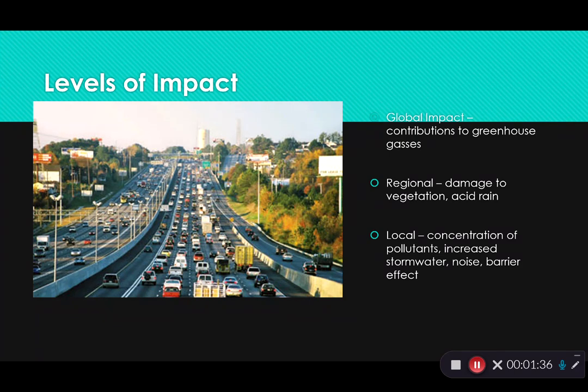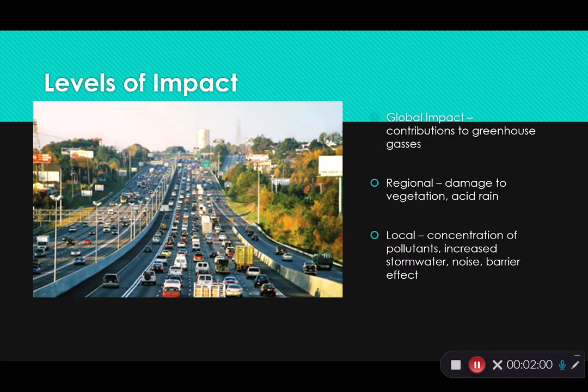So moving along, there are some different levels of impact from driving a car. It's a scaled impact from the global, right? The greenhouse gases that are produced through our transportation system. It's one of the major sources of greenhouse gases, our transportation network and automobiles. So we have a global impact to climate change coming out of our tailpipes.